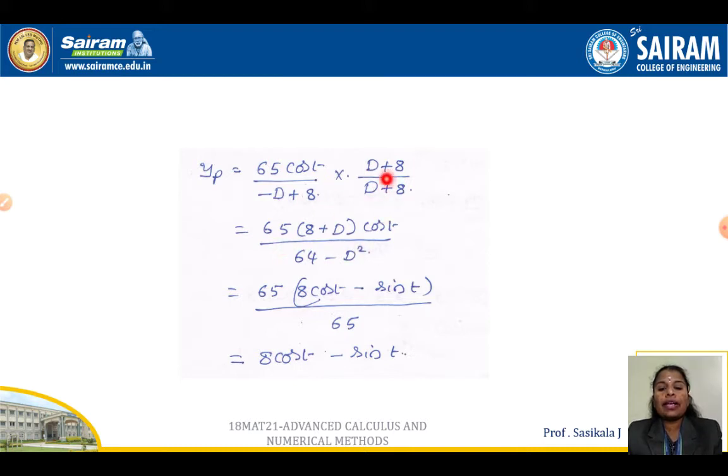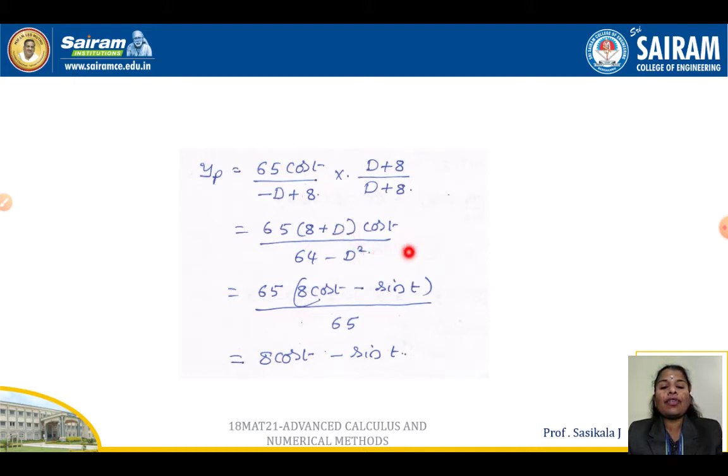So you can take to the numerator 65 of 8 plus d into cos t. Just multiply; 65 is a constant, it has been taken. Denominator is a square minus b squared, 64 minus d squared, so you will get 65 of 8 into cos t plus d into cos t. What is d? d is nothing but d by dt.